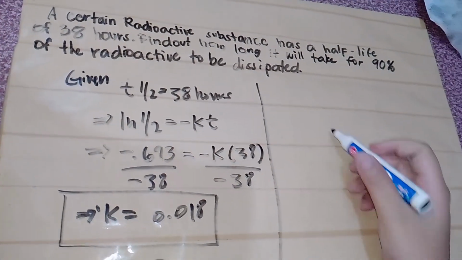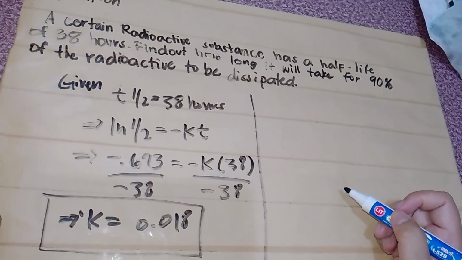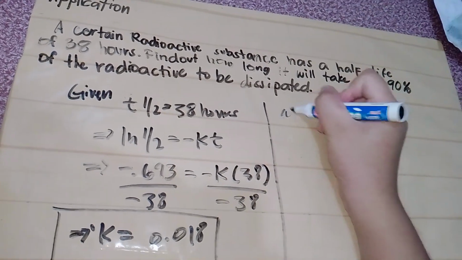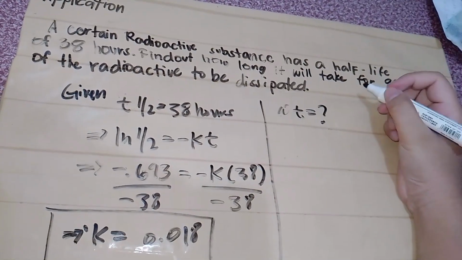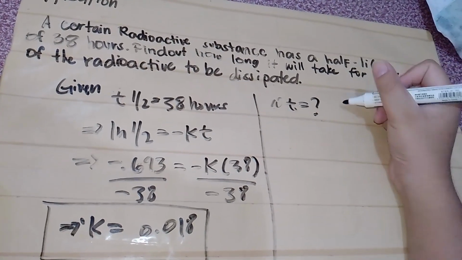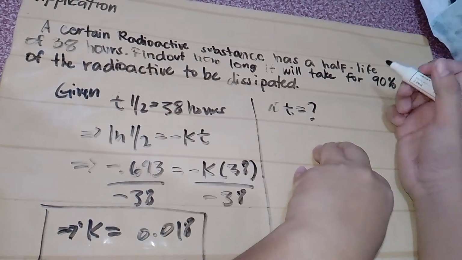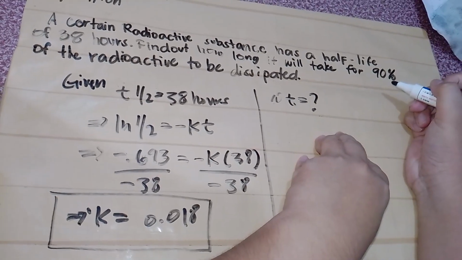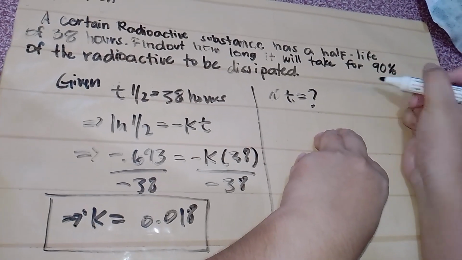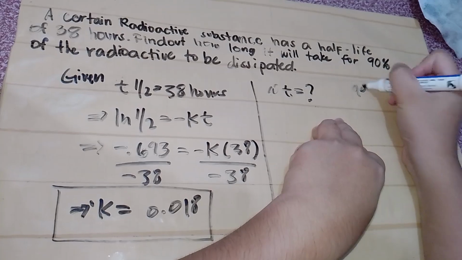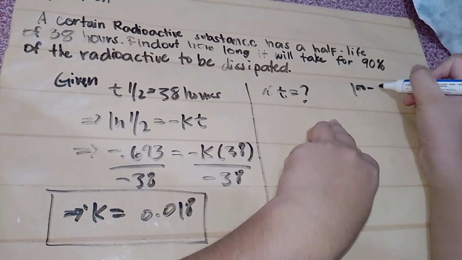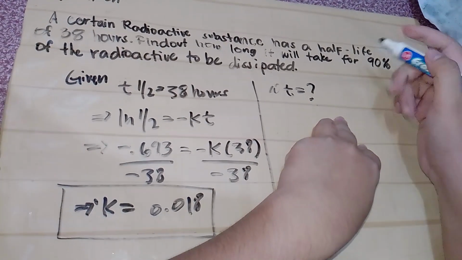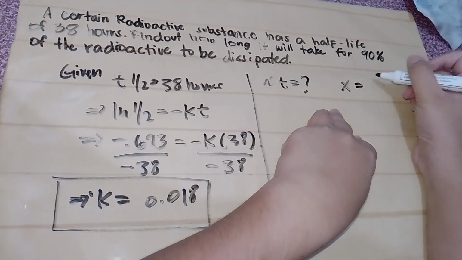Now, according to our word problem, how long will it take for 90% of the radioactive substance to be dissipated? So, at time t, how long will it take for 90% of the radioactive substance to be used up? So 100 minus 90% is, what should remain is 10%. So we have 10% left. This will be the equivalent of our x.